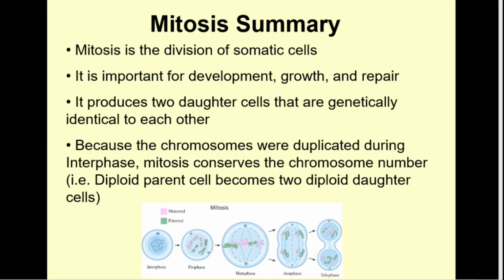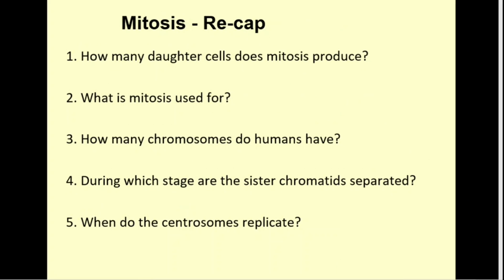So hopefully that makes sense. As always, we'll do a quick recap quiz to see what you remember. I'll read through the questions and give you a few minutes to answer them, and then we'll go through the answers together. Question 1, how many daughter cells does mitosis produce? Question 2, what is mitosis used for?